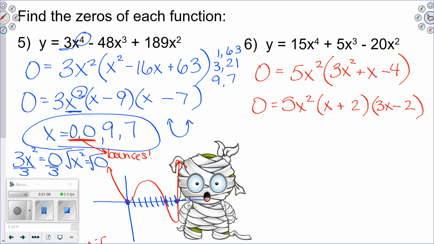If I check that, that gives me 6x minus 2x. Keeping in mind, I'm trying to get a positive 1. Does that work? No. So that means my 2 and 2, probably not a good choice.